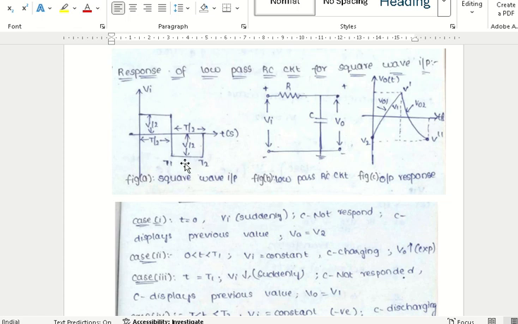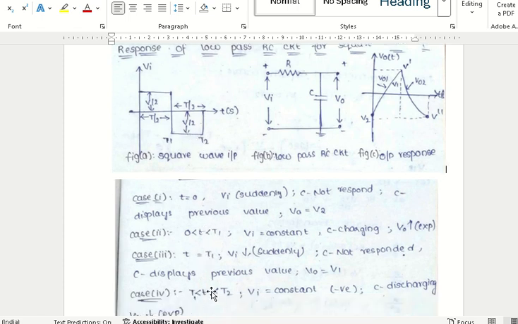Now, coming to the next case, that is between T1 to T2, the input signal has a minimum negative value, that means a constant value. Whenever we apply this negative value to the circuit, the capacitor starts discharging exponentially.